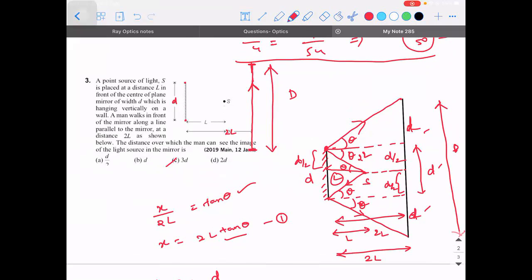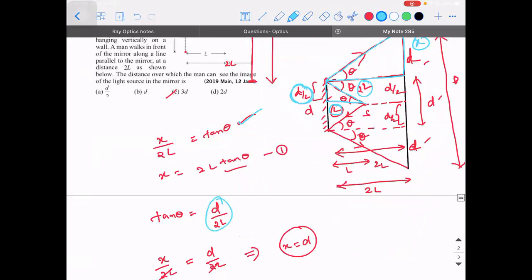So what I did, I took this bigger triangle. When I take the bigger triangle, as you said, I took it as x. X divided by 2L is tan theta. Similarly, if I take the smaller triangle, tan theta is nothing but d by 2 divided by L, that is also d by 2L.